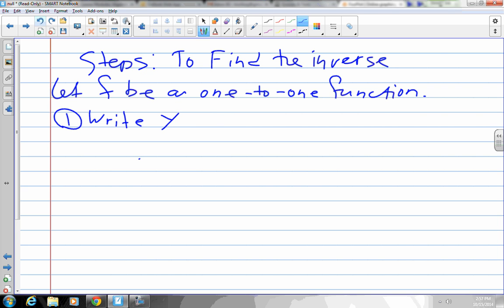Write y equals f of x. That's the first step. Whatever your function is, say y equals whatever your function is. What did I do next? 2, interchange x and y. What I mean by that is, for every x, put down a y.